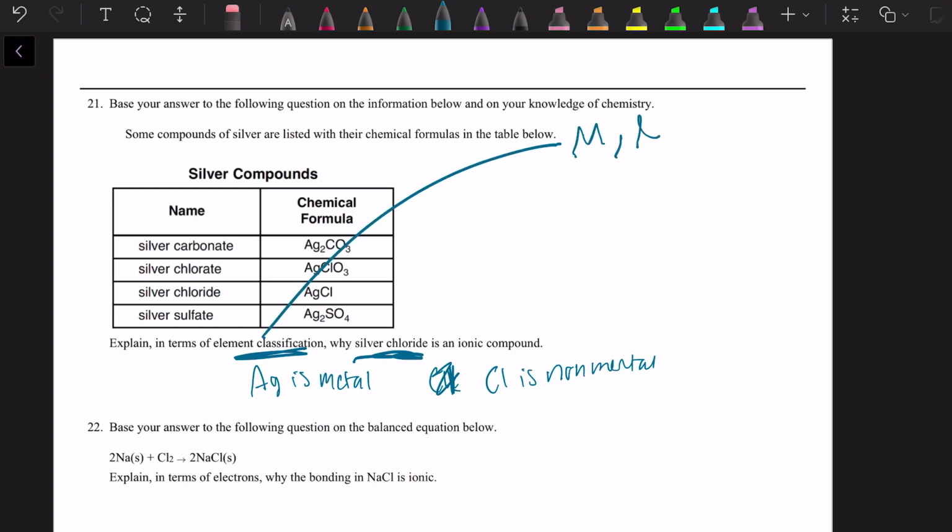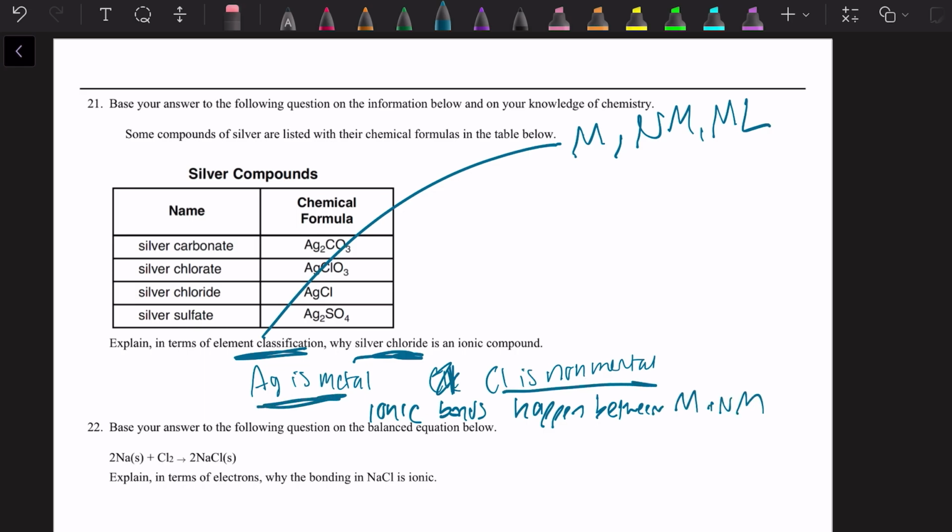They are classified as metals, nonmetals, or metalloids. So silver is a metal, chlorine is a nonmetal, and an ionic bond happens between a metal and a nonmetal. So you've got to state that silver is a metal and chlorine is a nonmetal, and that ionic bonds happen between metals and nonmetals.